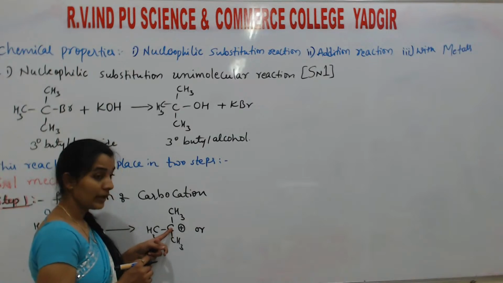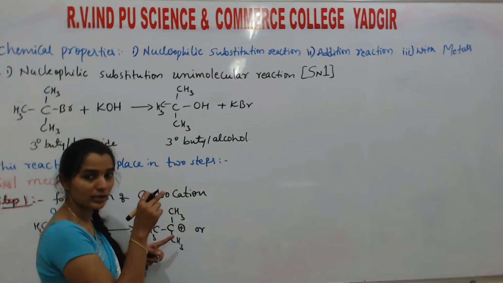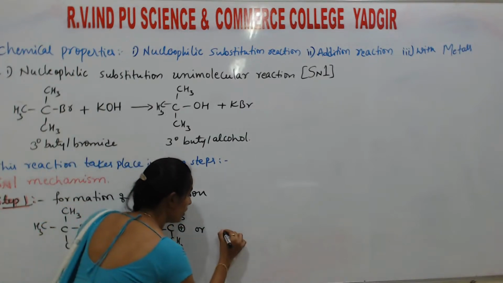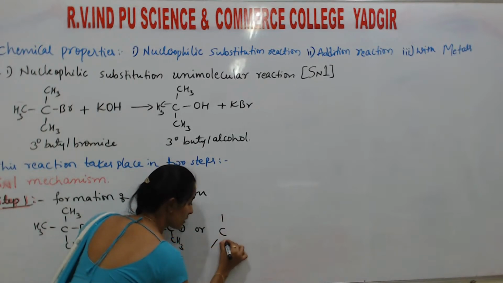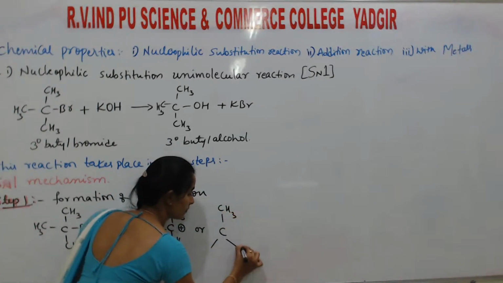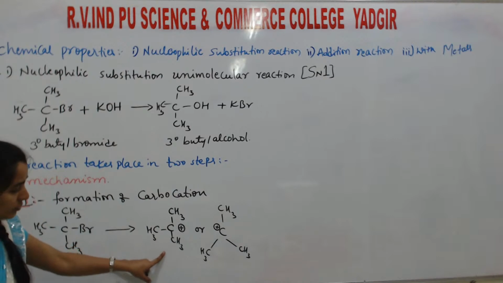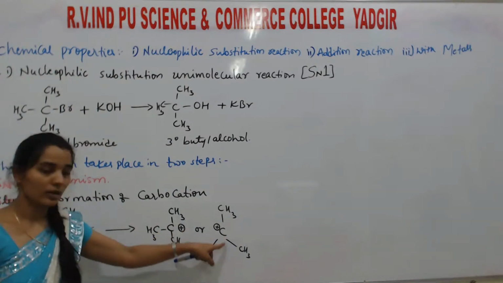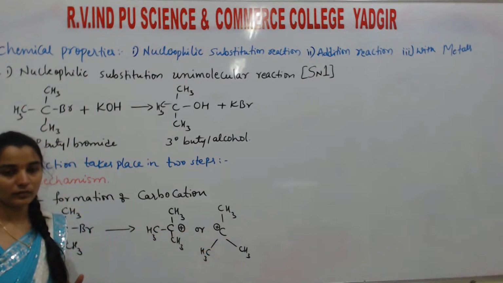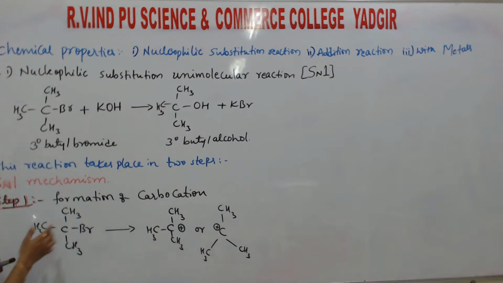This carbon is sp2 hybridized, meaning it has a triangular shape. This is the structure; you can write it either way. So here is the formation of carbocation.